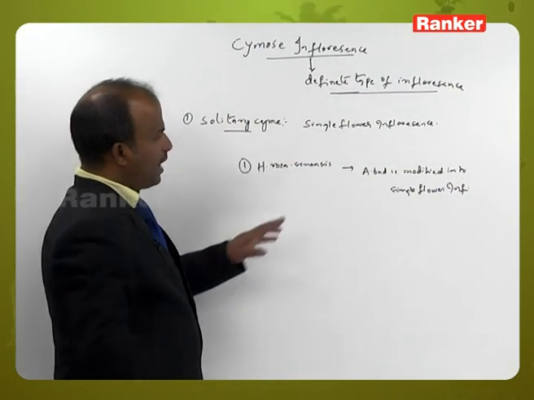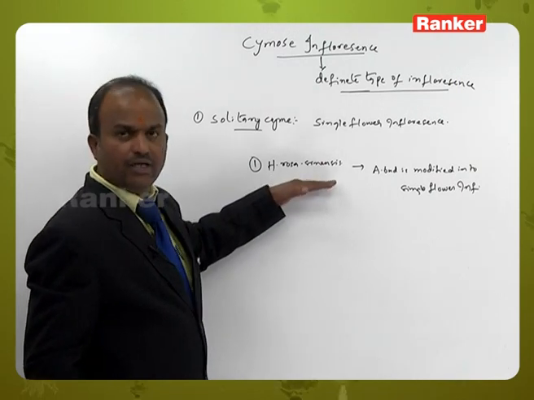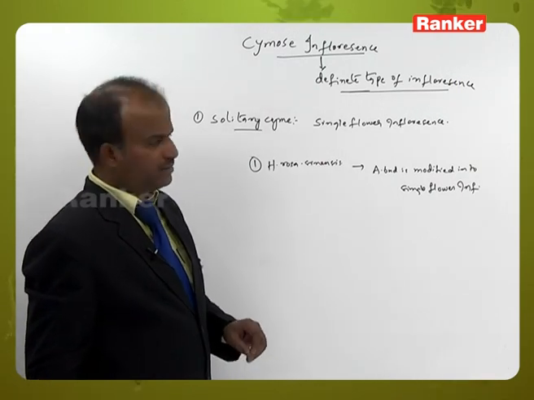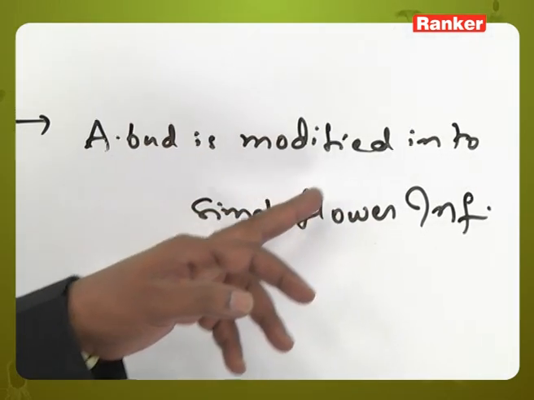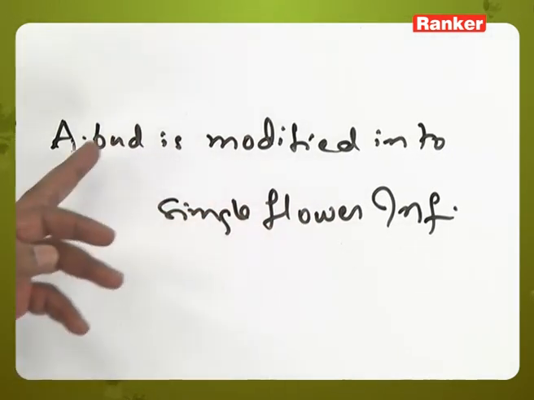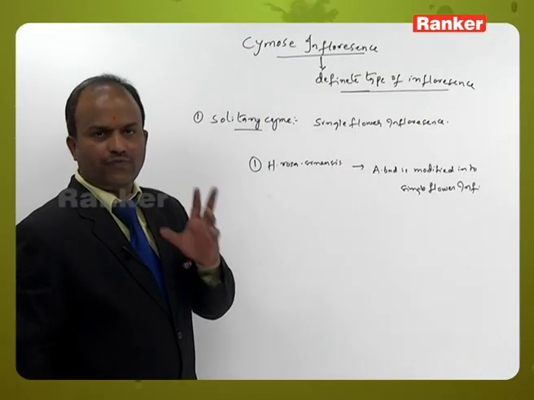That means an axillary solitary cyme inflorescence can be seen in Hibiscus rosa sinensis.